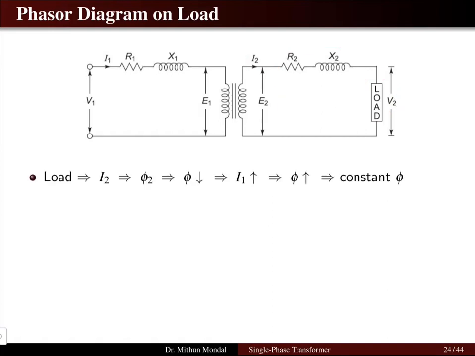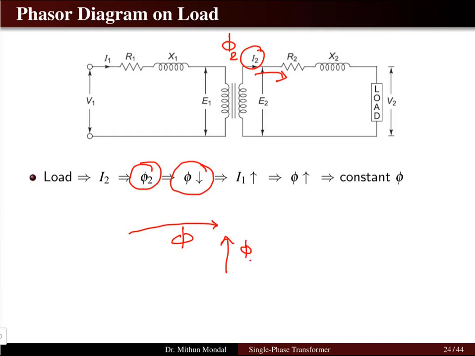In the working principle of the transformer, when this current I2 flows, a flux phi2 is produced because of the current I2. This phi2 is opposing the main flux phi. The main flux phi is in this direction, and because of the current, phi2 is produced, which opposes the main flux.